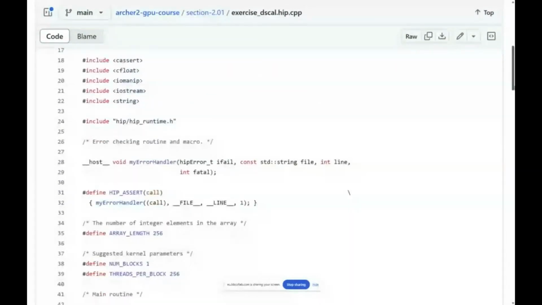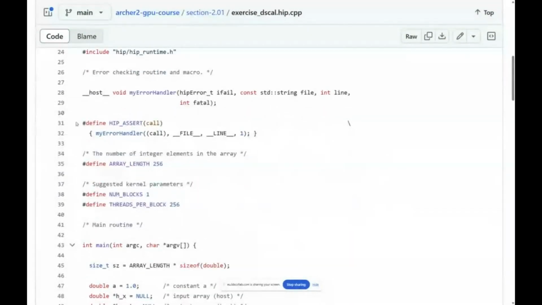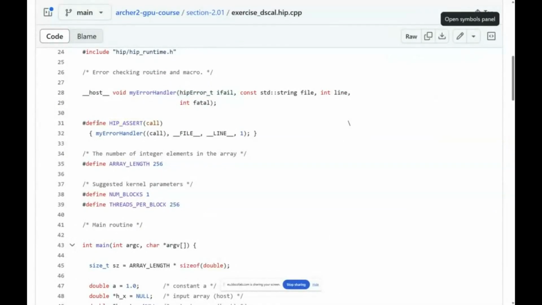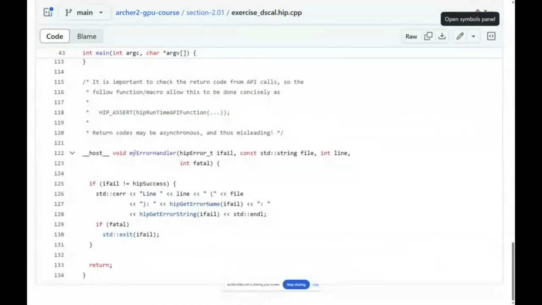I just want to show you that macro real quickly. So we've got some error handling function which is defined, and all our macro does is define an assert. We're going to wrap all our calls in a hip assert, and it just calls this error handling function. The definition of this error handling function is at the bottom. When the error handling function is called, it checks if it's hipSuccess.